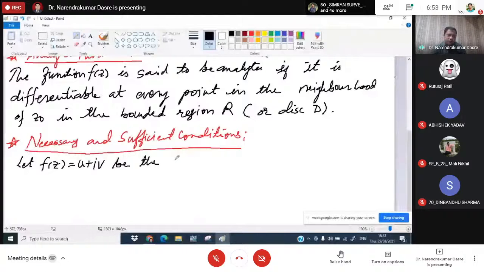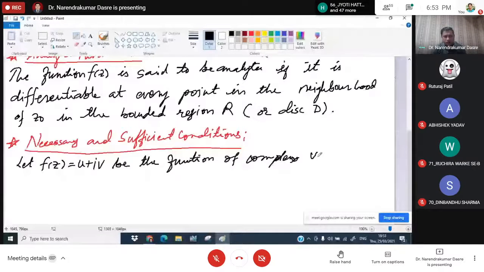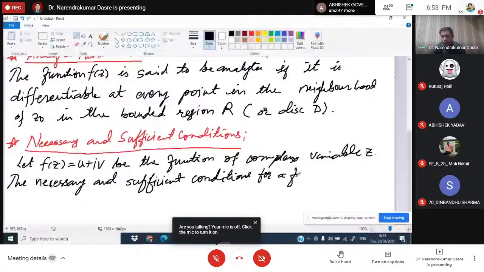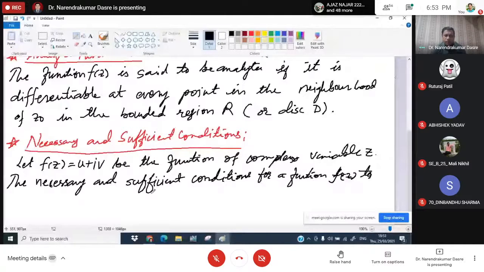Okay, and then the necessary and sufficient conditions for a function f of z to be analytic are as follows.